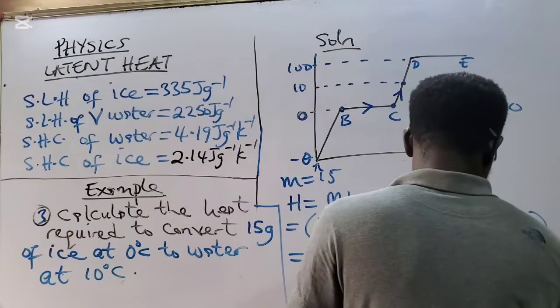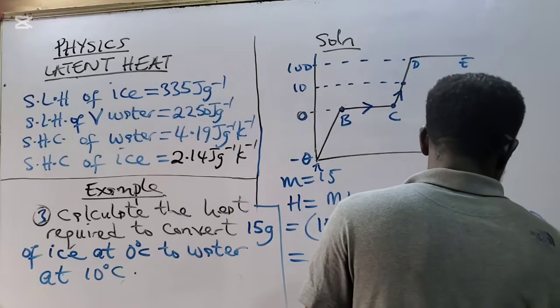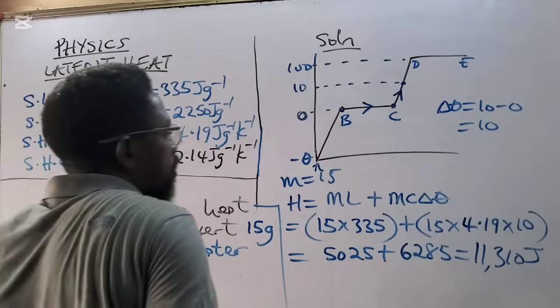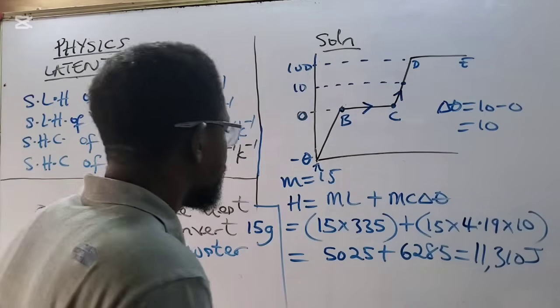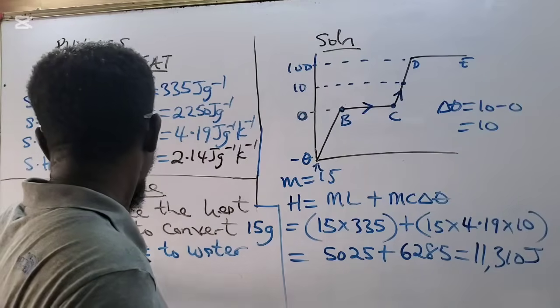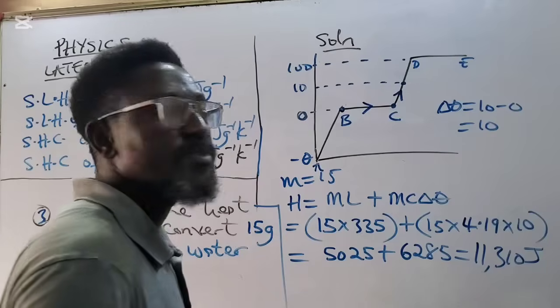That's 11,310 joules. That's the heat required to convert ice at 0 degrees C to water at 10 degrees C.